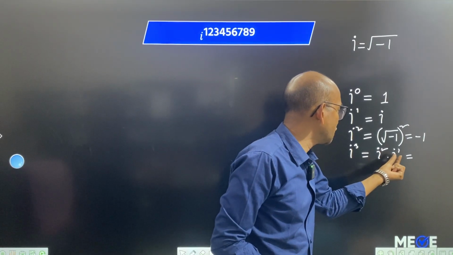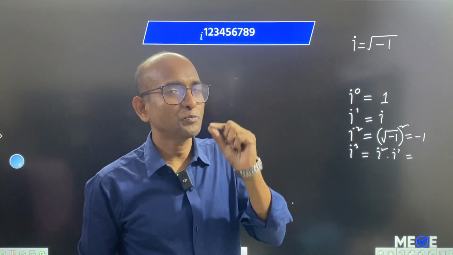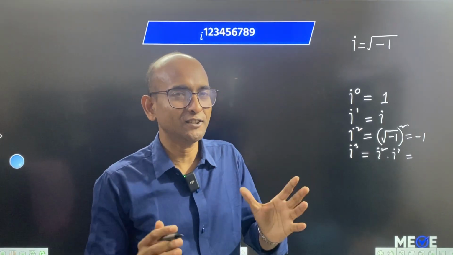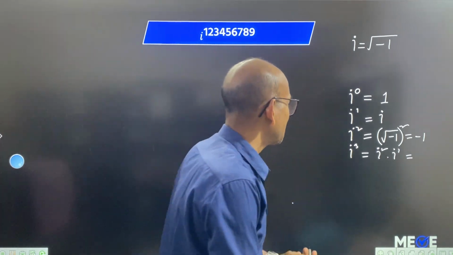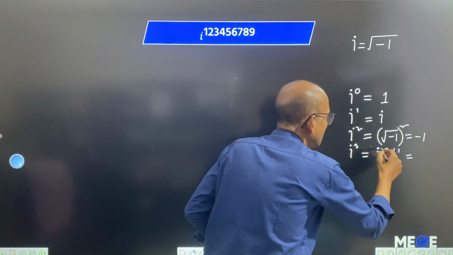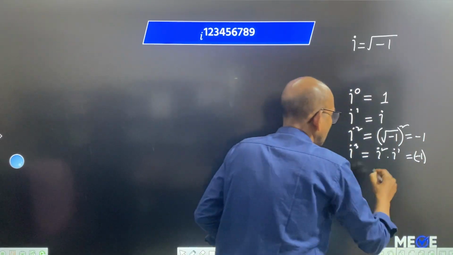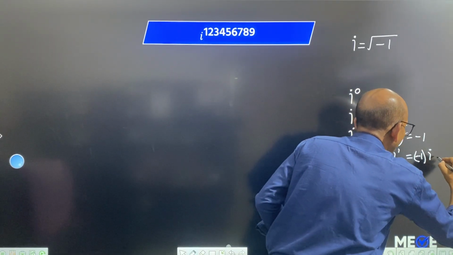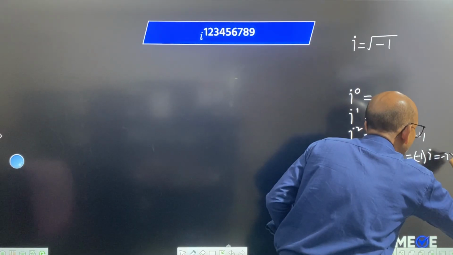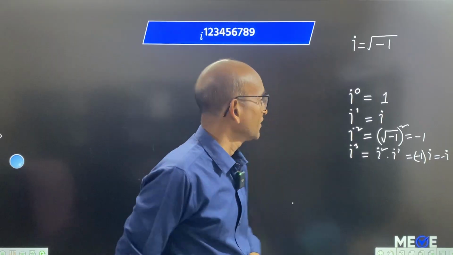This multiplication is happening as per the rules of exponent systems, which you have studied in class 9 and class 10. So this i square means minus 1 and this i to the power 1 is i. So we are getting minus i if we multiply these two numbers together.